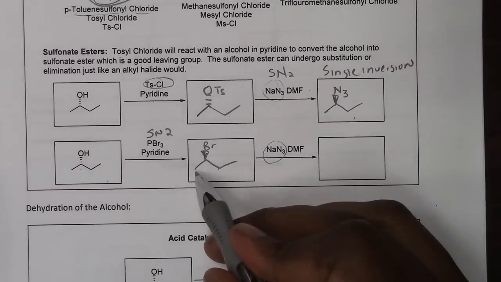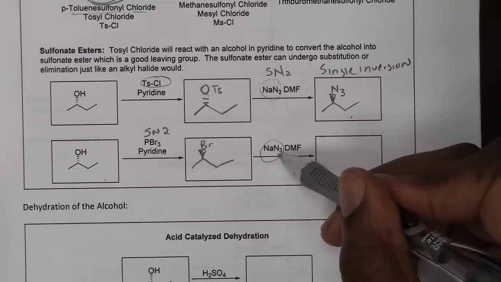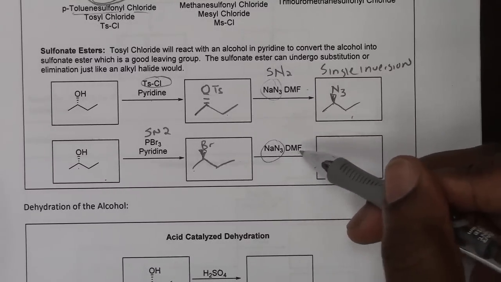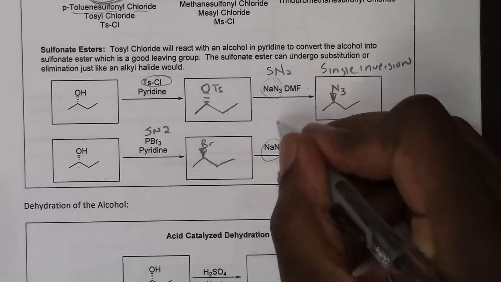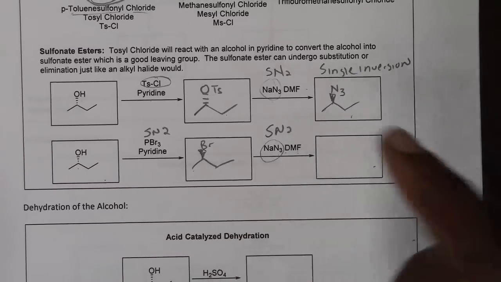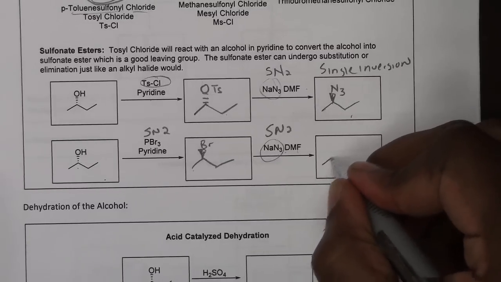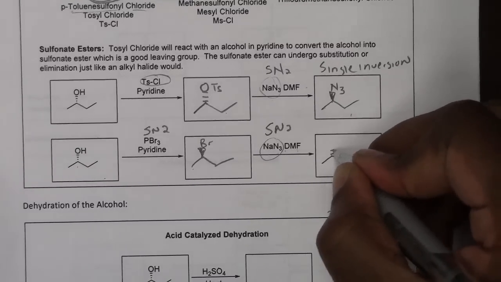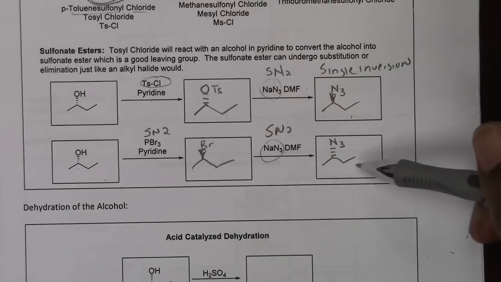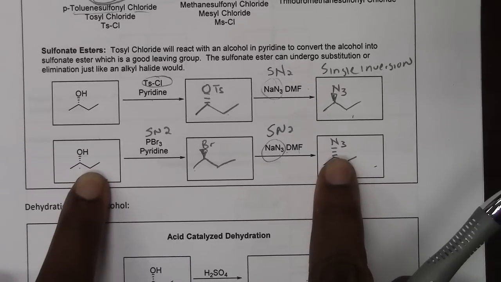Now we have a secondary alkyl halide reacting with a weak base good nucleophile and a polar aprotic solvent. So what is this mechanism? SN2. So what has happened here is we have two inversions, and two inversions equal retention. So double inversion equals retention. So in this last SN2 reaction, we'll add N3, but note what has happened. Our N3 has the same stereochemistry as our original.